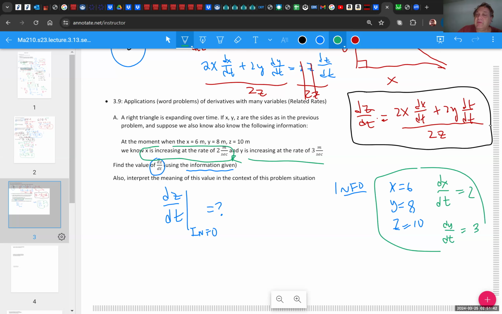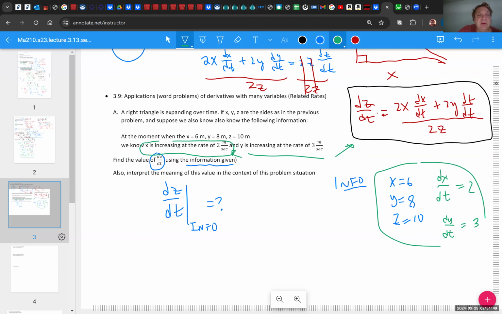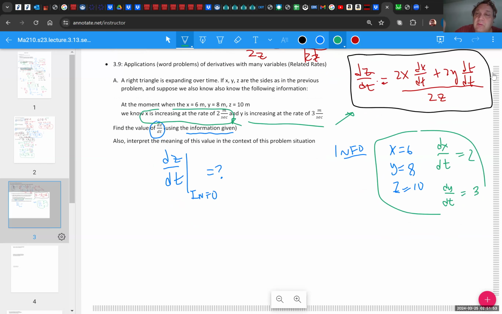At this point, since we've already derived the formula for dz dt, we can just use that to plug in all our information. So using this information here, we have dz dt is equal to 2 times the x value times dx dt. dx dt is 2, remember?